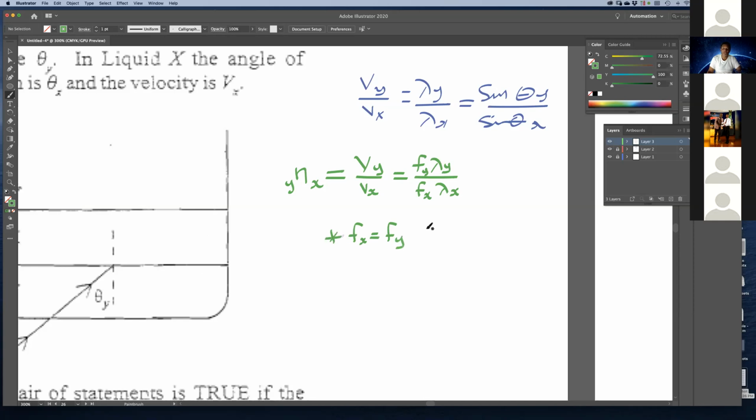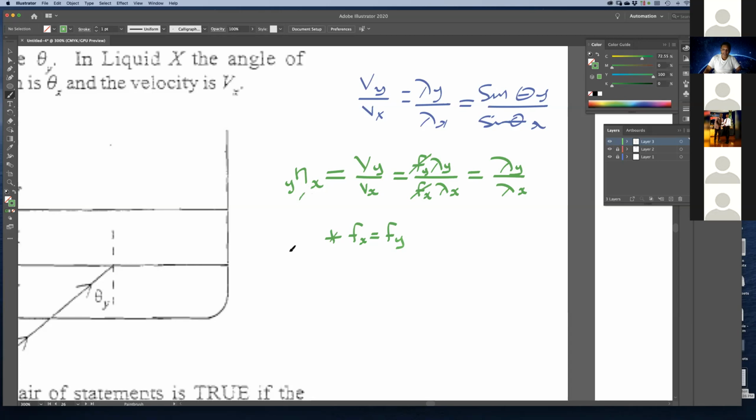This is the O-level objective. You're supposed to know that. And therefore, this cancels out with that. We good? And therefore, the definition that the refractive index from y to x is equal to Vy over Vx can be converted to lambda y over lambda x. We good so far? Yes, sir.